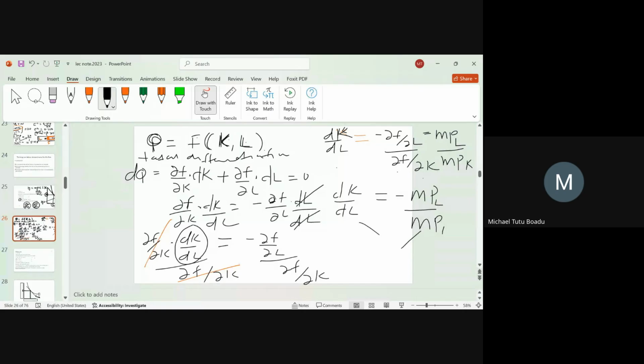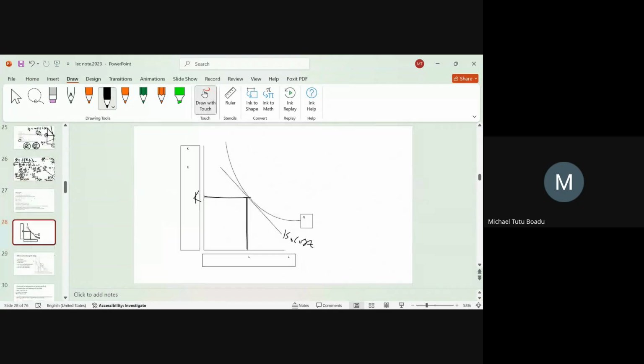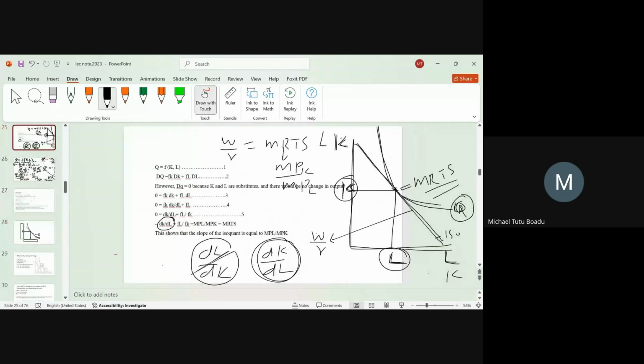And this is what we call the marginal rate of technical substitution, which is the slope of the isoquant. The slope of the isoquant. So this slope is what we have derived, and that's what we have here.